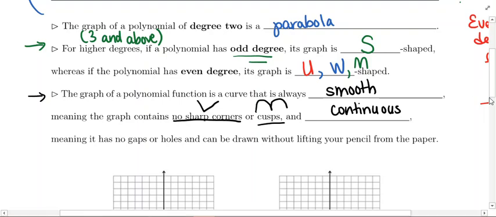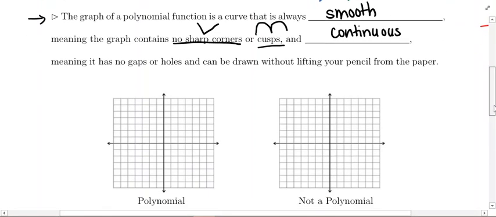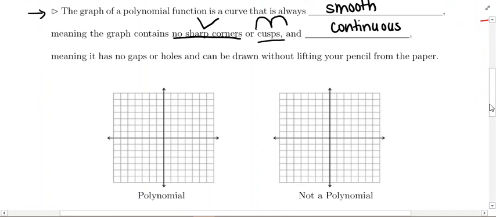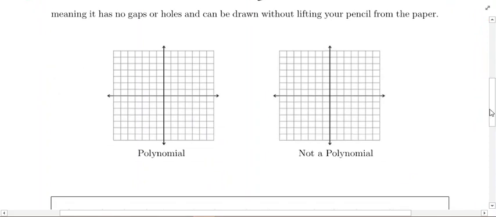Now that we've talked about smooth and continuous, those are two huge characteristics of polynomial functions. I have two blank grids here, and I'm going to illustrate something that is a polynomial and then something that is not a polynomial. If something is a polynomial, everything has got to be rounded out and curvy.